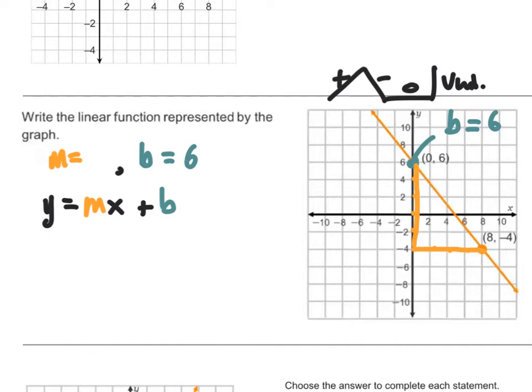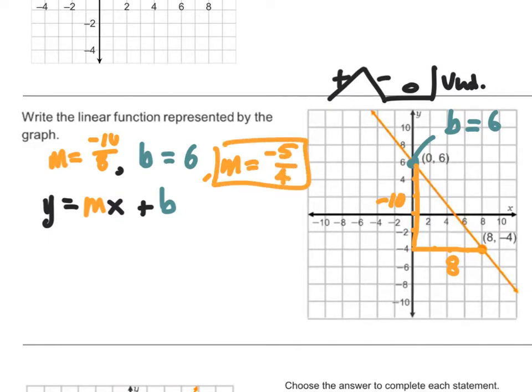To go from +6 to -4, that's a length of 10, and I'm going to call that -10. Then to go from 0 to 8, that's a value of 8. So my rise over run is -10 over 8, and that fraction can be simplified to -5/4.